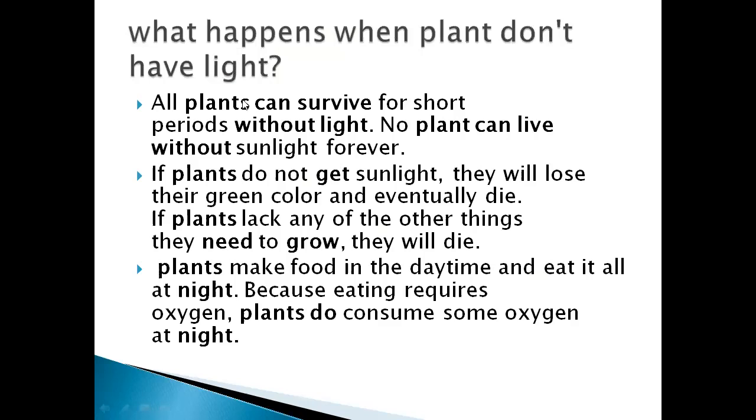What happens if you don't give a plant light, or don't put it in a proper place? All plants can survive for a short period without light. Yes, plants survive at night when there is no sunlight. But no plant can live without sunlight forever.